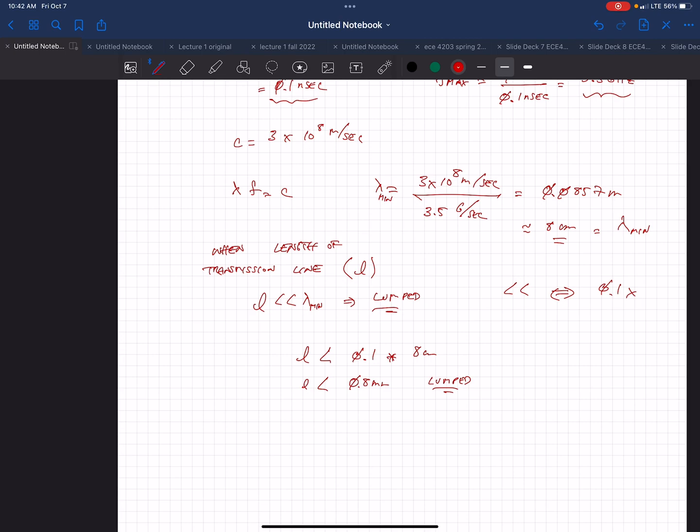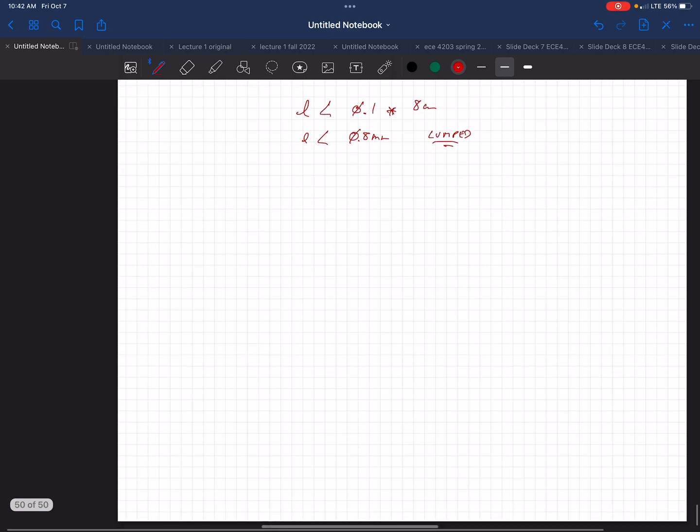So just one last thing: these are pretty solid lines, but again, in real life, there are places where there's a gray zone. Just like we have this L being around 0.1 lambda min, or less than or equal to that, it's lumped, for sure.